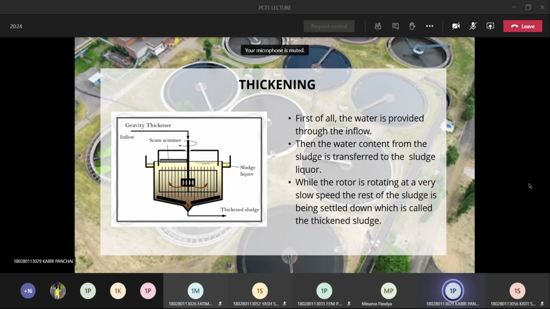First of all, the water is provided through the inflow, then the water content from the sludge is transferred into the sludge liquor. While the rotor is rotating at a very slow speed, the rest of the sludge is being settled down, which is called the thickened sludge.